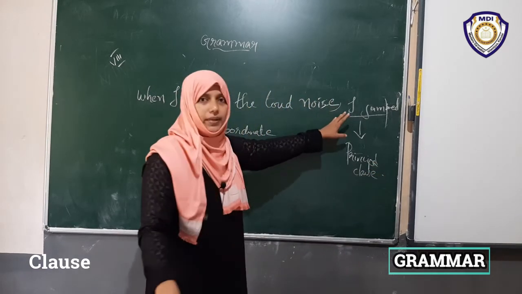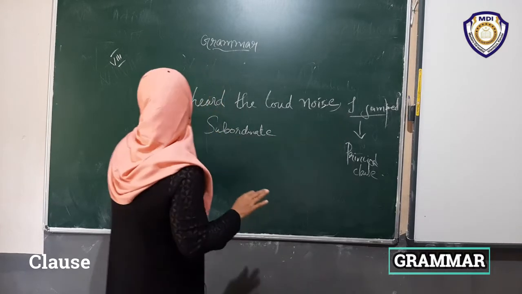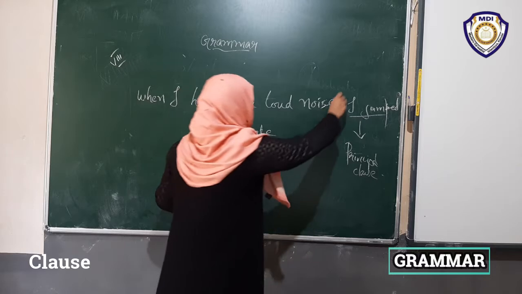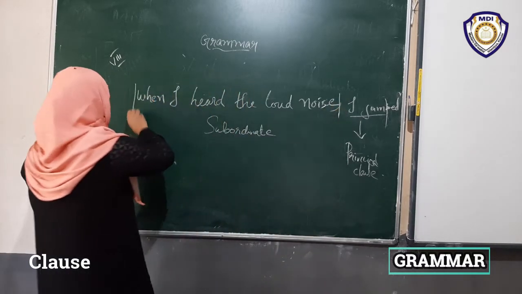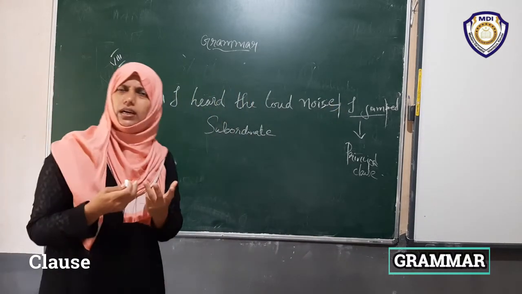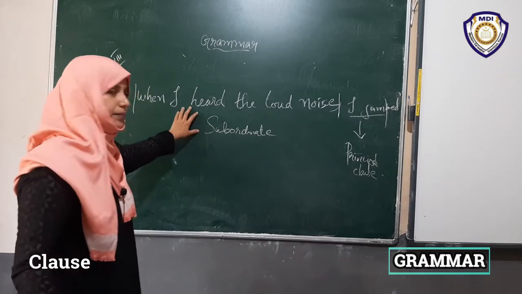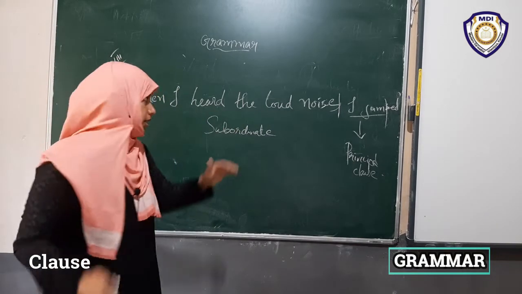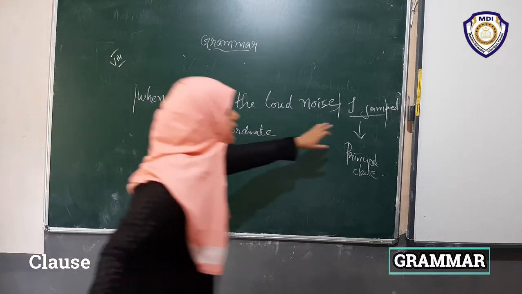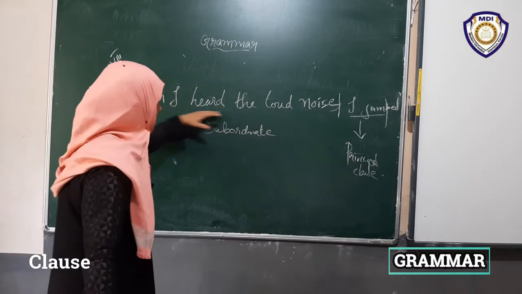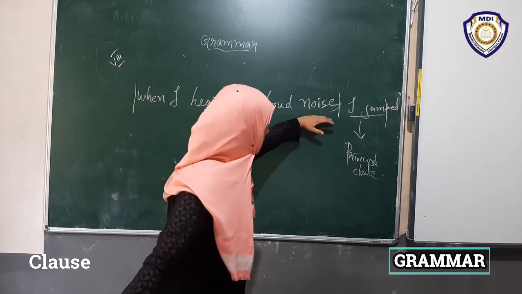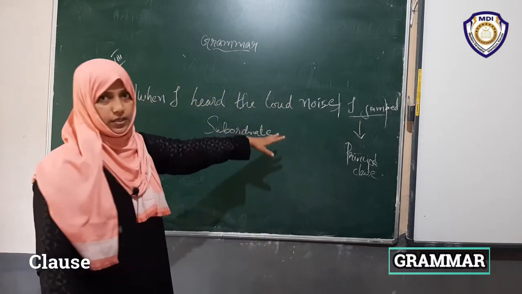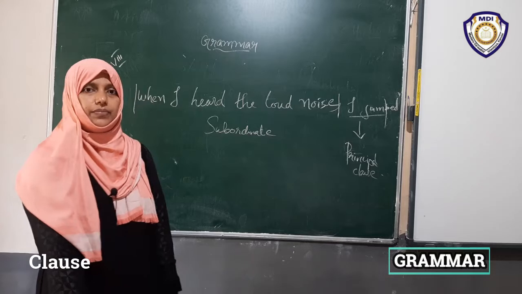I jumped, we got meaning. But if this sentence stands alone, when I heard the loud noise, we don't get the meaning completely. What did we hear? Nothing is completed here. But with I jumped, we got meaning. Understood? We want the meaning of this statement with this principal clause.